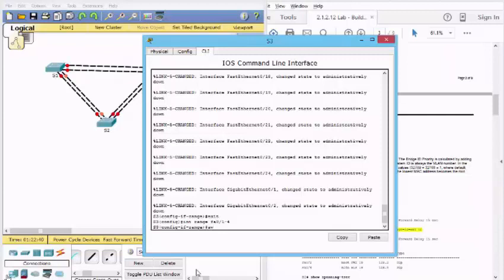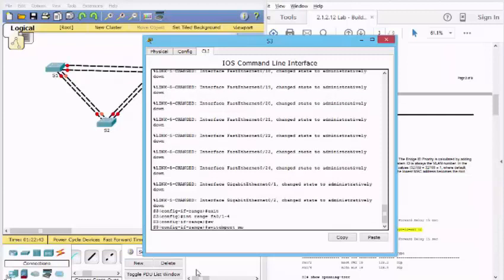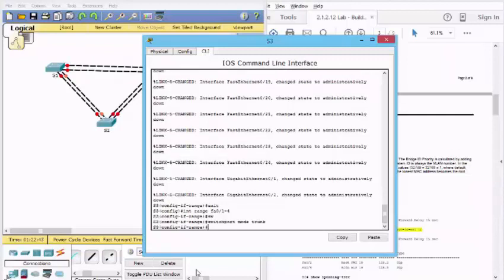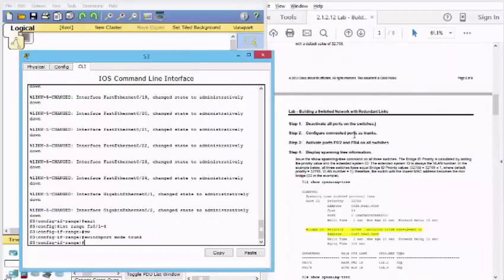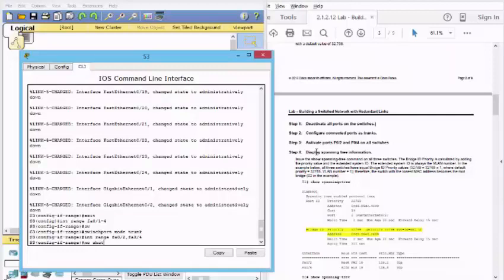Switch port mode trunk, and then we activate Fast Ethernet 0/2 and 0/4. Interface range Fast Ethernet 0/2, Fast Ethernet 0/4, and then no shut.